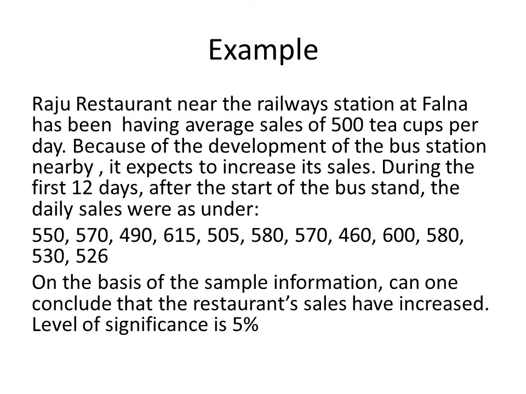So with this question, three things are clear: the population mean is 500, n is equal to 12, and the level of significance is equal to 5%. Now we need to apply the t-test here because the sample size is less than 30, which is equal to 12.